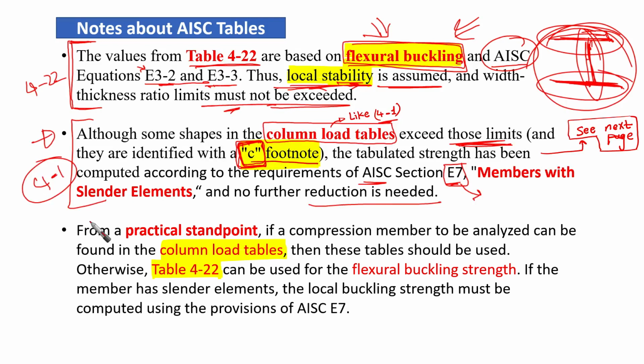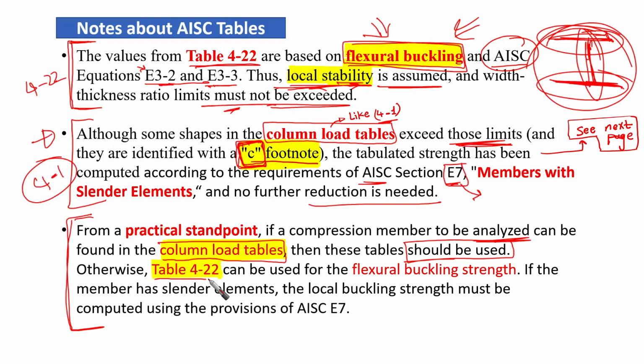Okay, and the last thing, I think the last hint, I have mentioned before. From a practical standpoint, if a compression member to be analyzed, if we're talking about analysis, can be found in the column load tables, then these tables should be used because it's easier, as we have seen before.